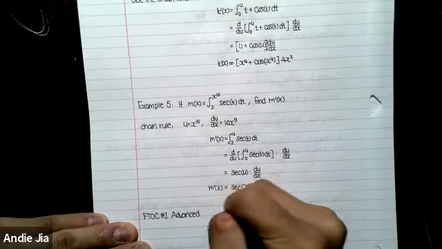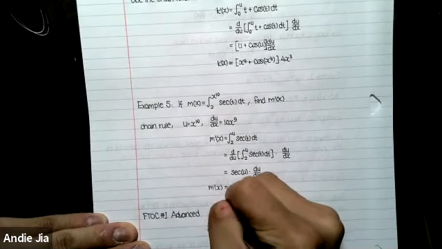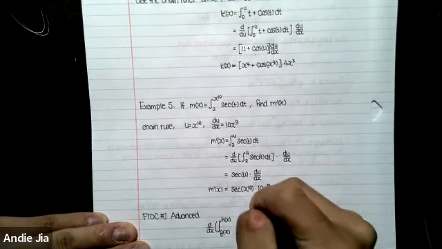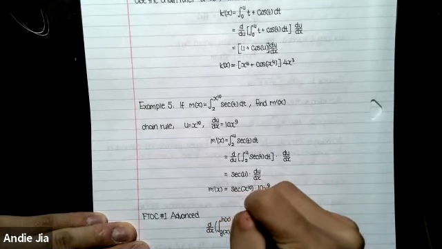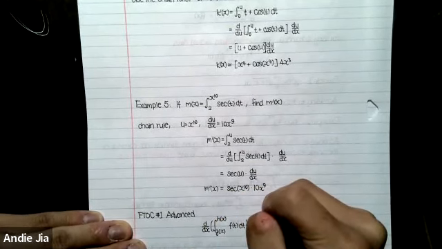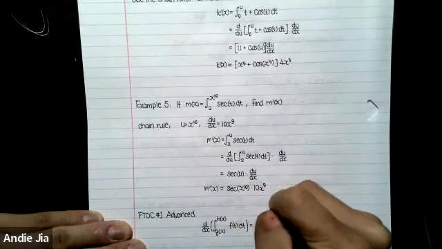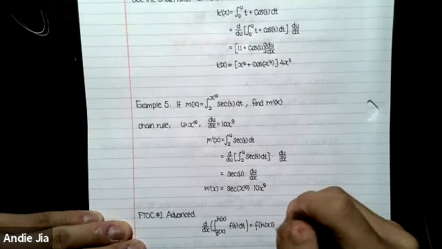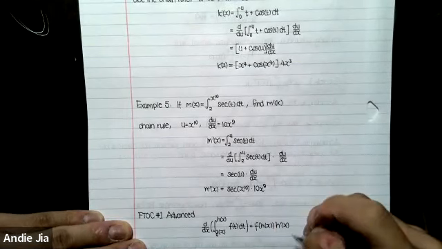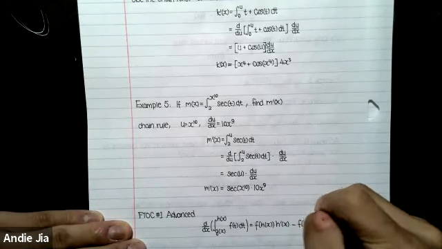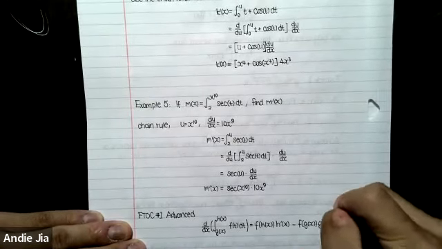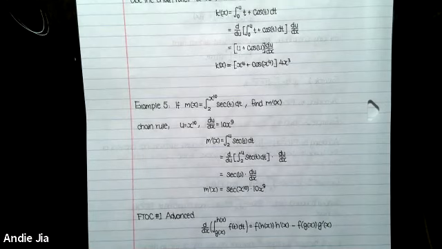d/dx of the integral from g of x to h of x of f(t) dt is equal to f of h of x times h prime of x, minus f of g of x, then multiply by g prime of x.